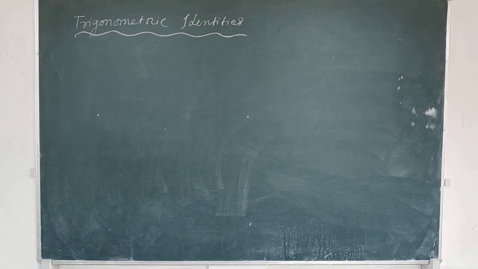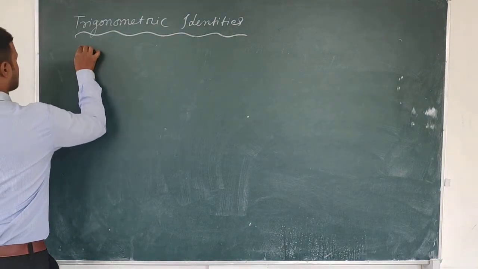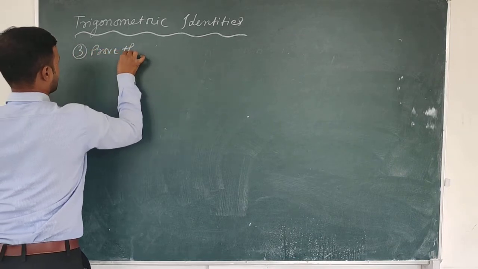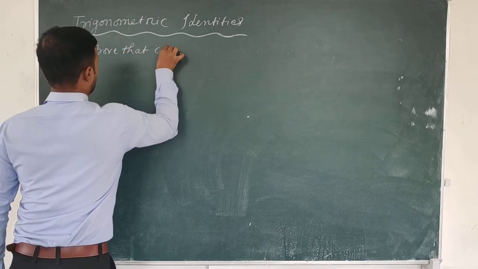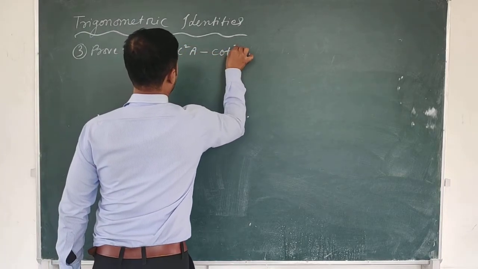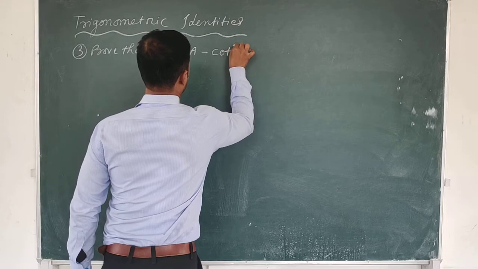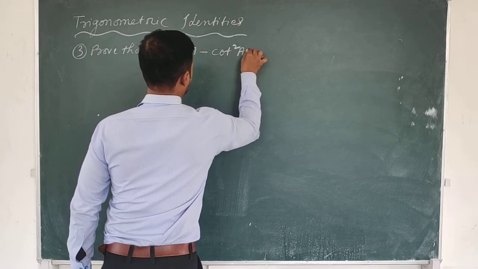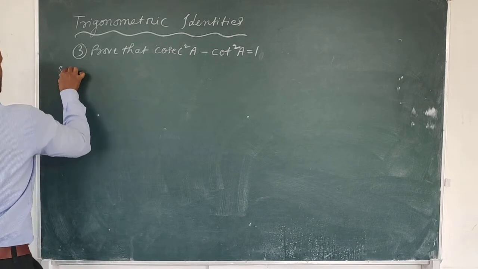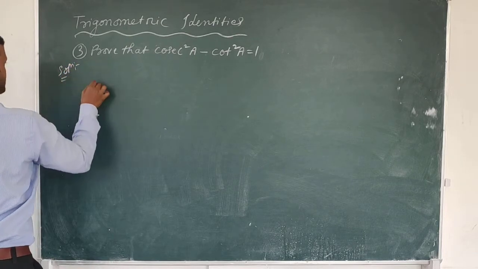So third identity, students. Prove that cosec square A minus cot square A is equal to 1. Okay, so let us prove this, students.